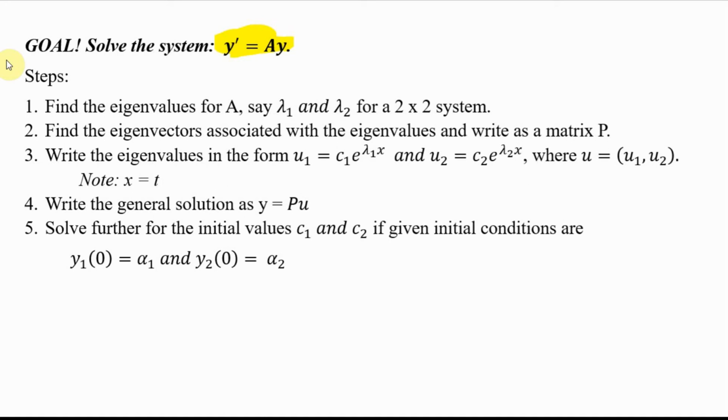That is, u sub 1 is equal to c sub 1 times e to the lambda sub 1 x, and u sub 2 is equal to c sub 2 times e to the lambda sub 2 x, where u is u sub 1 and u sub 2. Note, I think this textbook may use t for x. Then you can write the general solution as y equal to P times u. Recall that P is the matrix that consists of the eigenvectors.